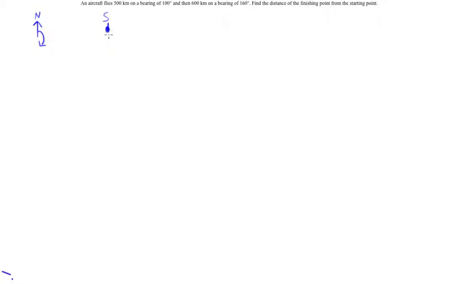So I'm going to sort of estimate here. If 90 degrees is like this, 100 degrees must be a little bit more, 10 degrees more, right? So I'm going to say that this is my bearing, and I go for 500 kilometers to some point. So that's 500 kilometers.